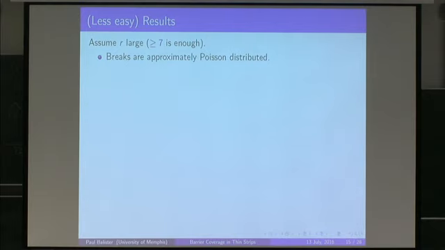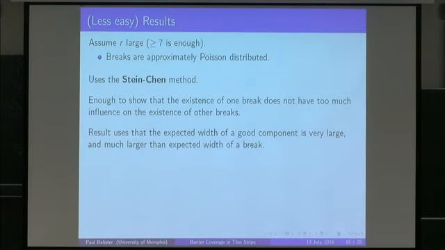The next result is the reason we defined the breaks we did. We wanted them to be essentially independent of one another. The reason is that they're few and far between and essentially independent of each other. This makes them essentially Poisson distributed in any strip. So this uses the Stein-Chen method.